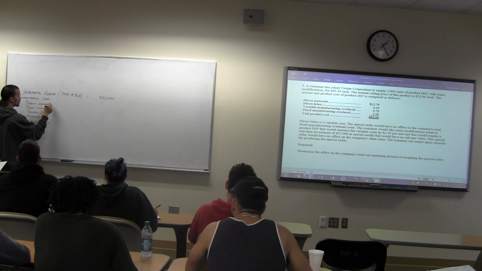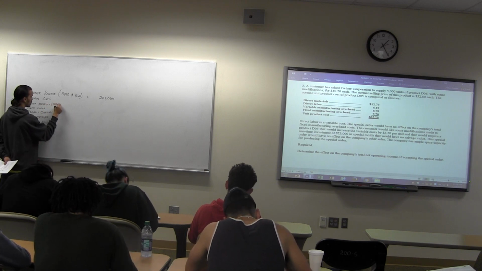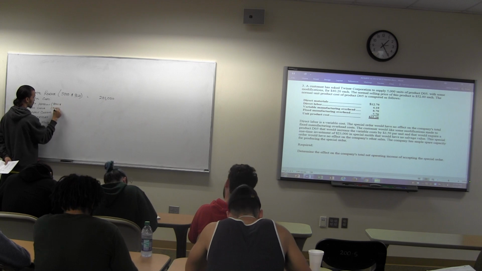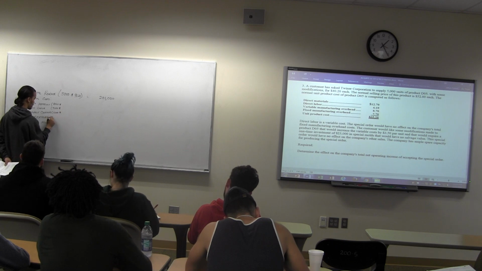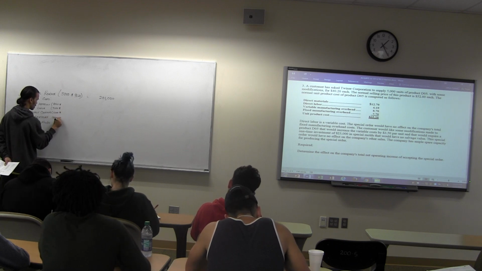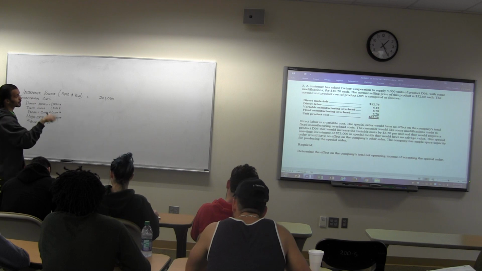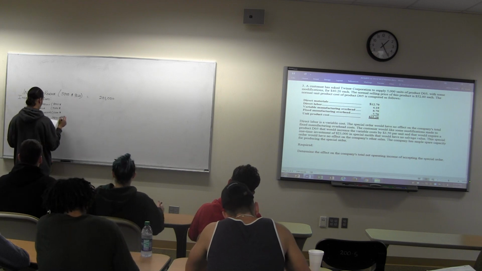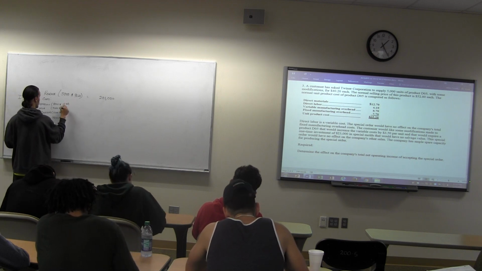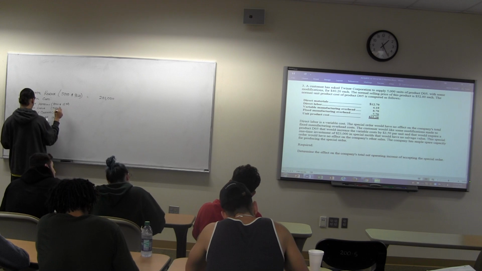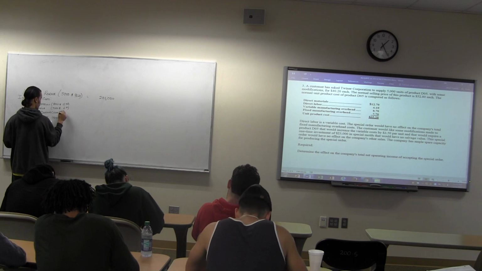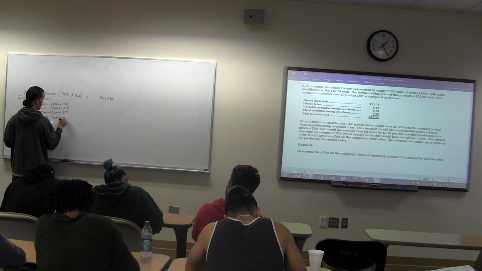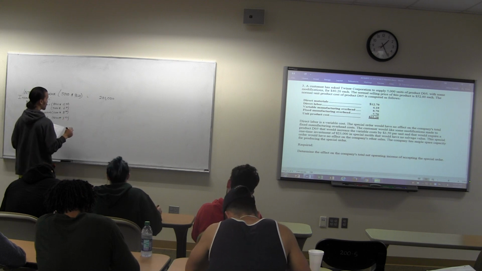Okay, so that's 5,000 times all of the prices. 1270, 610, 870, and the 350.